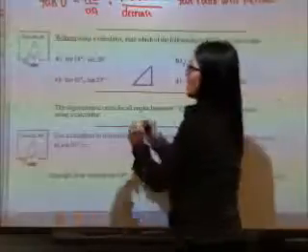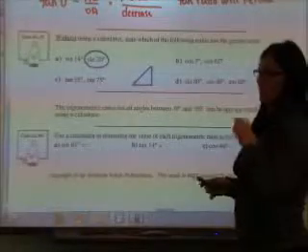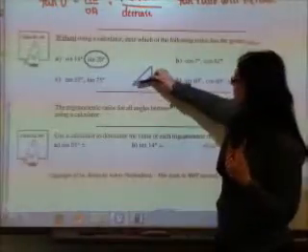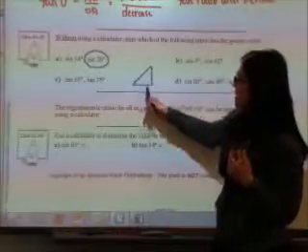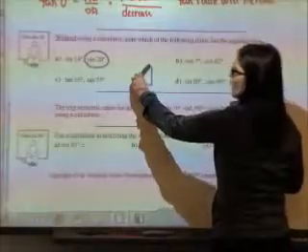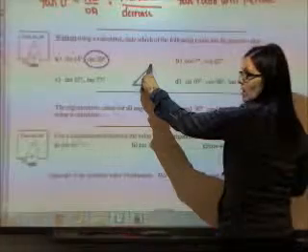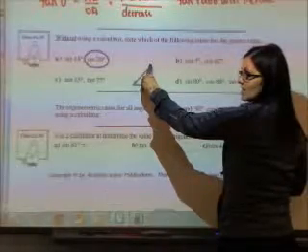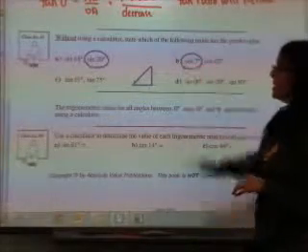Longer. So sine is going to get bigger. For cos, if I was going from 7 degrees to 62 degrees, what happens to my adjacent side? It gets shorter. So cos 7 is going to be bigger than cos 62.